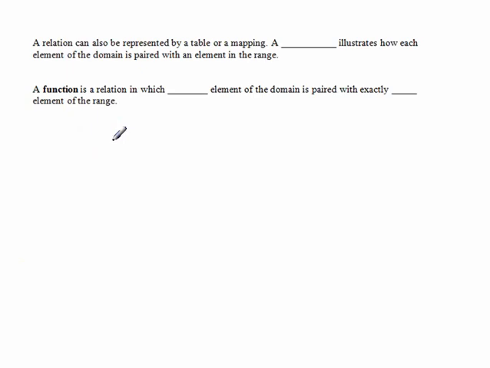A relation can also be represented by a table or mapping. A mapping illustrates how each element of the domain is paired with an element in the range. So just like a coordinate pair shows us how the elements of the domain are paired with the range, a mapping does the same thing.